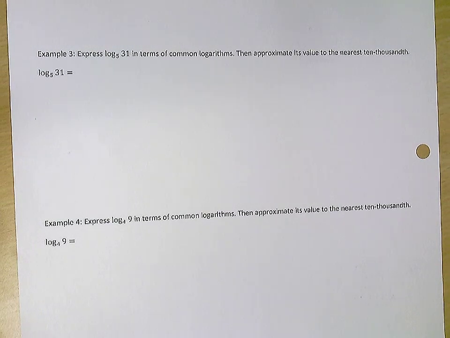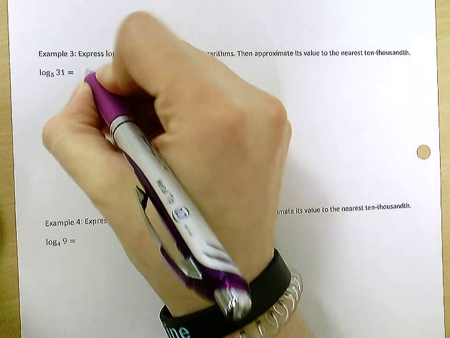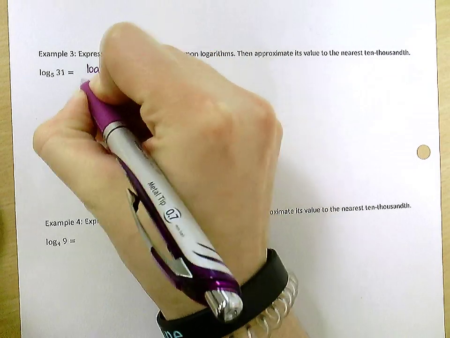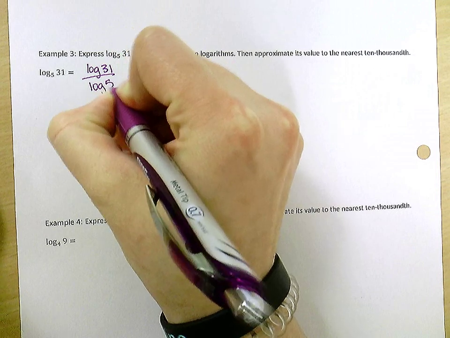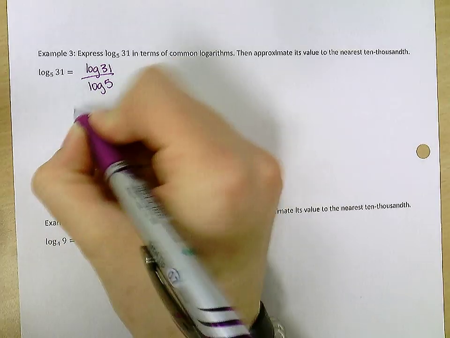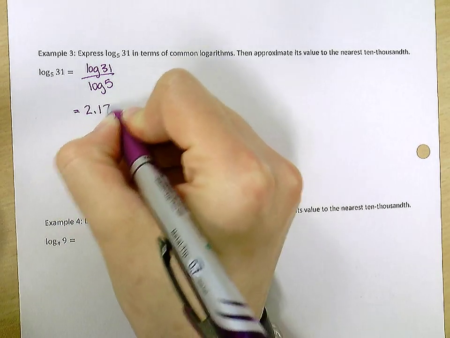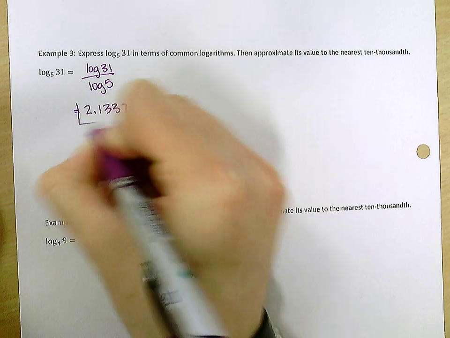Let me go through these. Example 3, how would I set this up as a common logarithm? How do I set number 3 up? And you should get 2.1337.